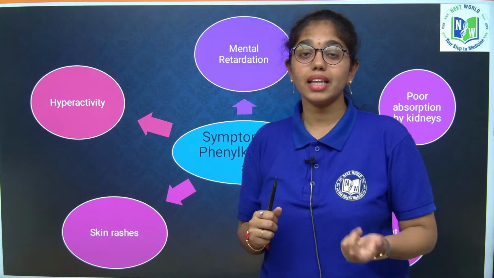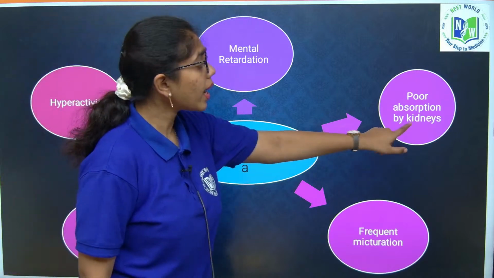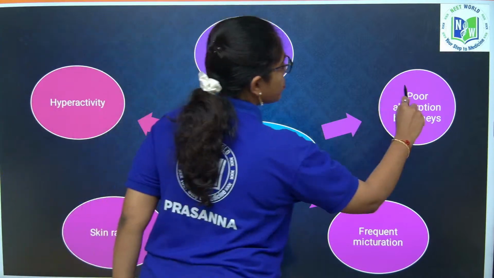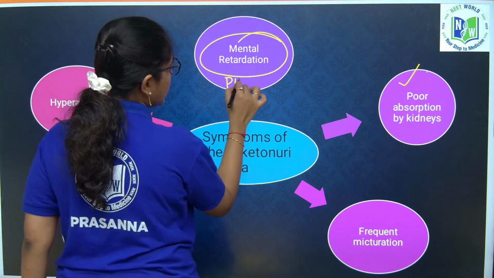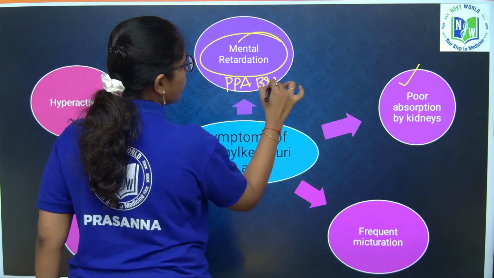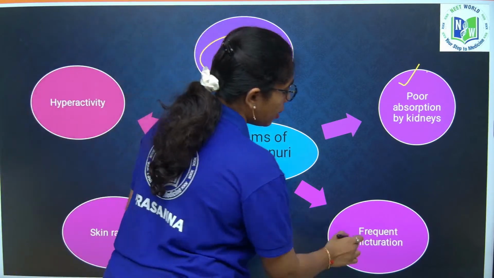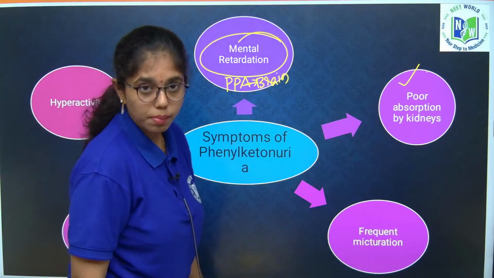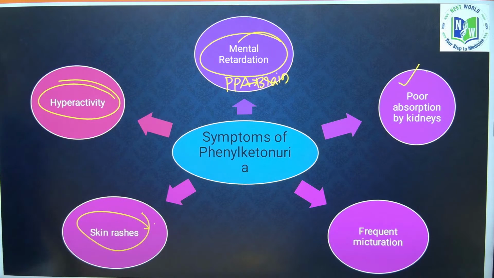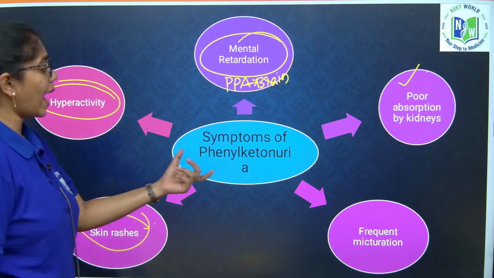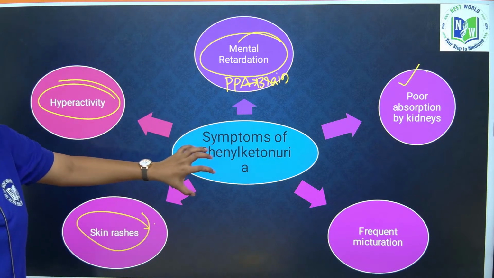This affects multiple things: poor absorption in kidneys, mental retardation if phenylpyruvic acid is stored in the brain, frequent micturition because of poor absorption by kidneys, then skin rashes and hyperactivity. So these are all the symptoms of phenylketonuria.